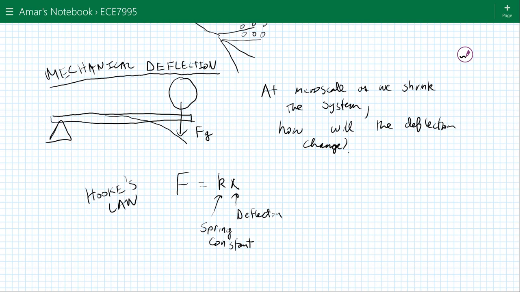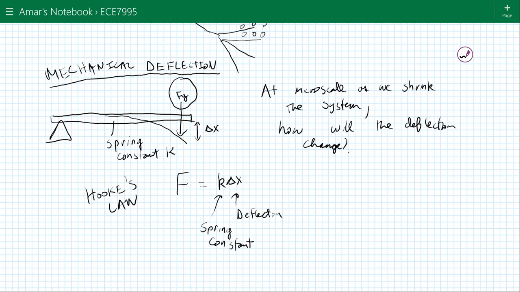This is a cantilever beam with spring constant K, and let me just put F G over here. The deflection is delta X. This is a delta X here. All right, so how does the delta X scale? It reduces.